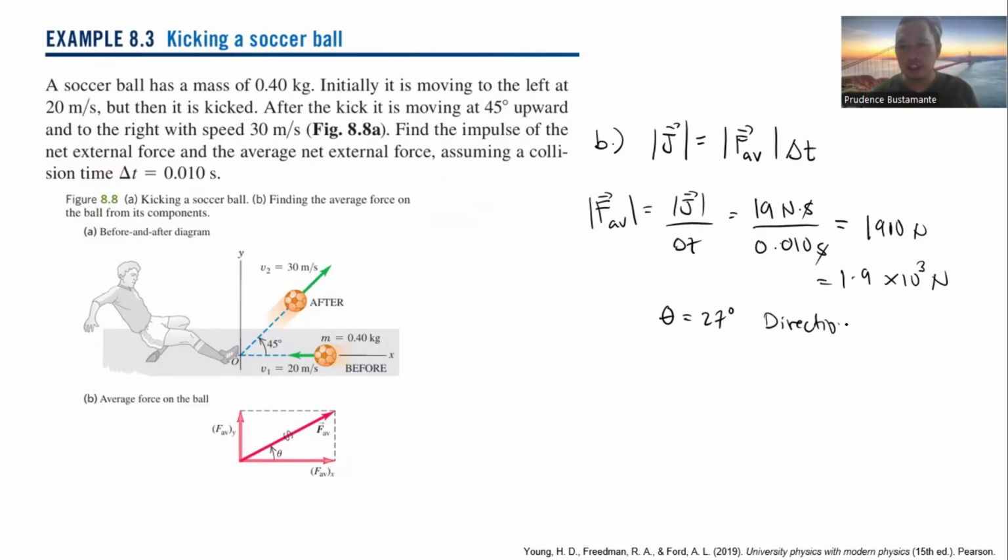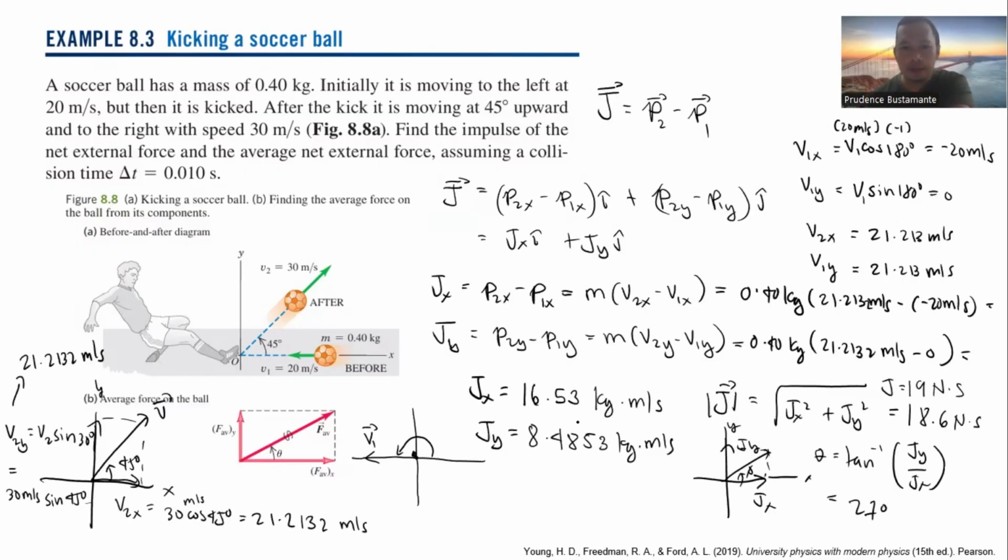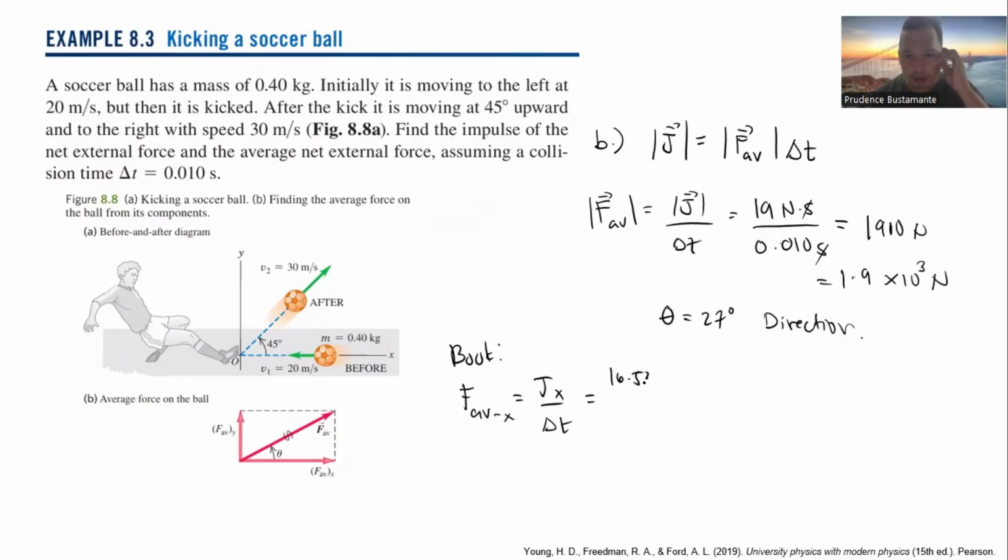However, in the book, what they did is define the components first. F average along x is equal to Jx over the time interval. Our Jx here is 16.53 Newton seconds over 0.010 seconds, so 1653 Newton.